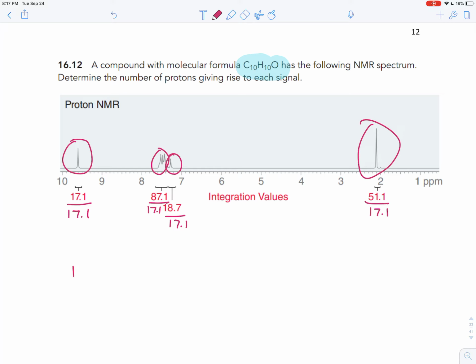So this will just be 1. 87.1 divided by 17.1 would give you around 5. So this gives you around 5. 18.7 divided by 17.1 gives you essentially 1. Remember, you're rounding to either the closest whole number or to 0.5 if that's closer. And then 51.1 divided by 17.1, that's about 3.